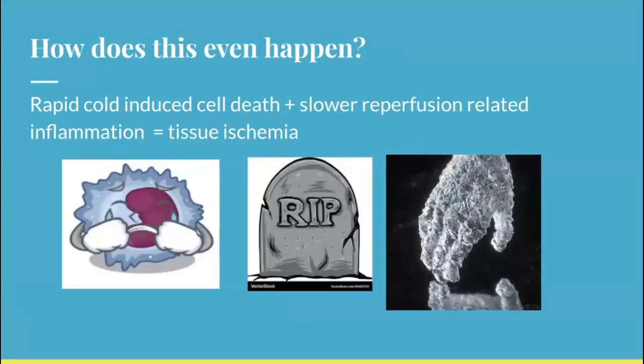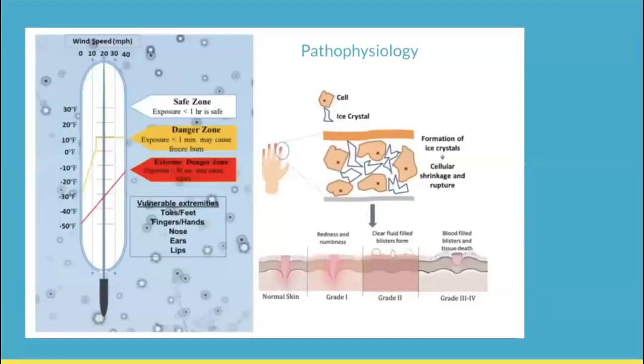And so how does this even happen? Just going into the pathophys a bit, the quick summary is that you have immediate cold-induced cell death, mixes with the more gradual development of reperfusion-related localized inflammatory processes, all leading to tissue ischemia.